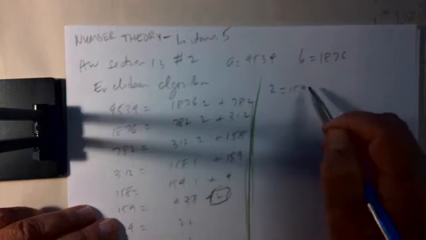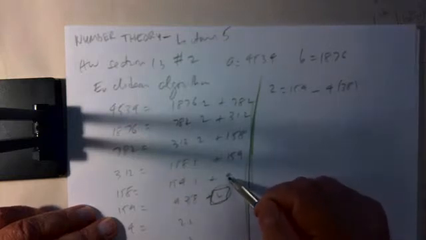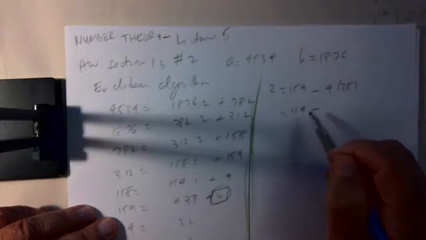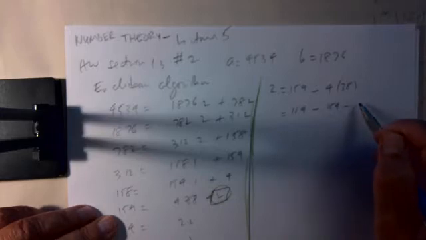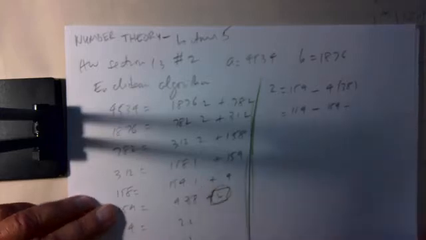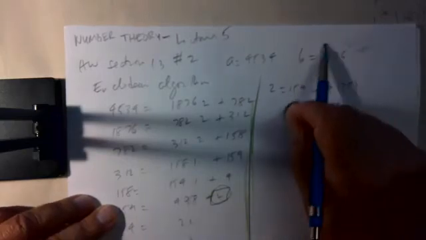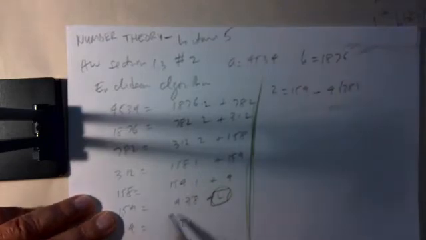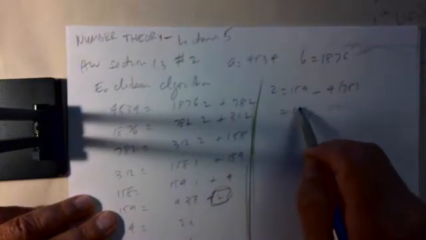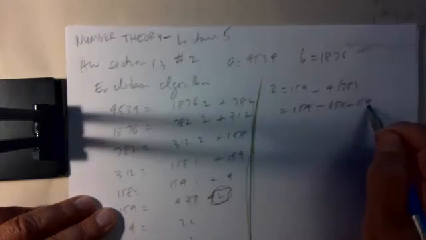2 is 154 minus 4 times 38. But 4 is 158, no. Just write it down correctly. So 2 is 154 minus 4 times 38. But 4 is 158 minus 154.